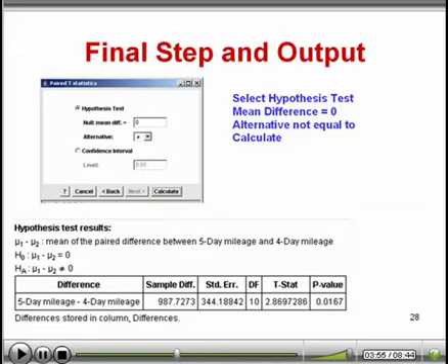Next, we choose Hypothesis Test and specify that the hypothesized difference is 0 and that we have a two-sided alternative. Our program reports a test statistic of 2.89 and a p-value of 0.0167. It also tells us that it has created a new column of data called Difference that contains paired differences.